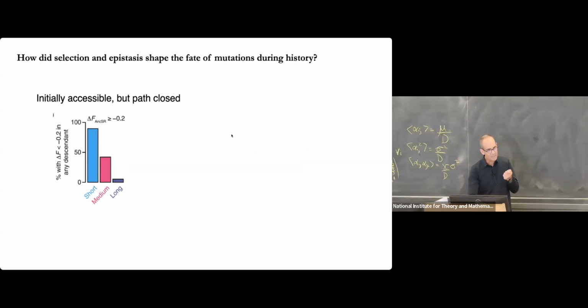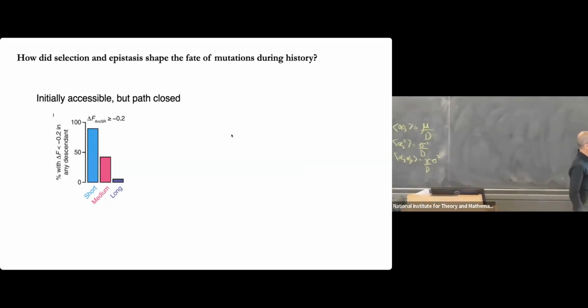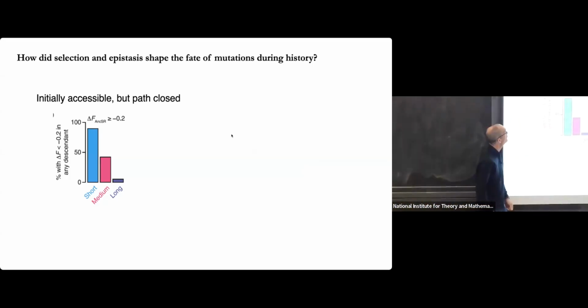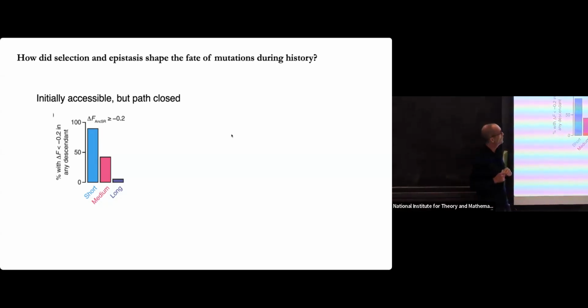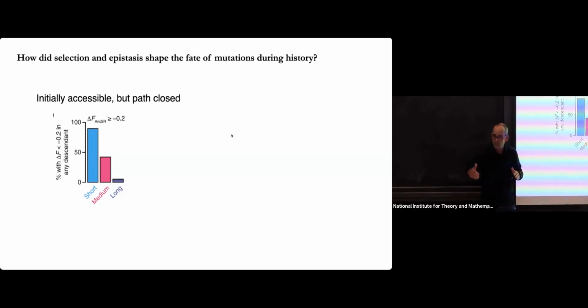What's the impact of this epistatic drift on the fate of mutations? Here I'm going to show you, for the 3 categories of memory half-life, 2 different plots. One is the percent of substitutions that were initially accessible in the deepest ancestor, but the path closed at one point or another, that the effect of the mutation went below that threshold.